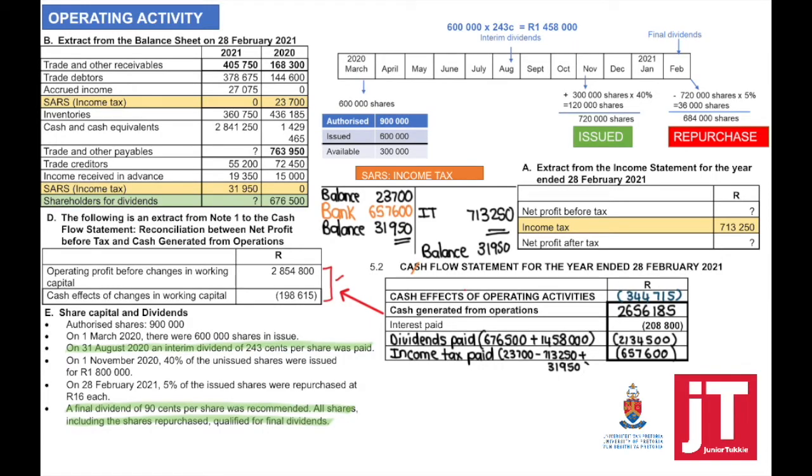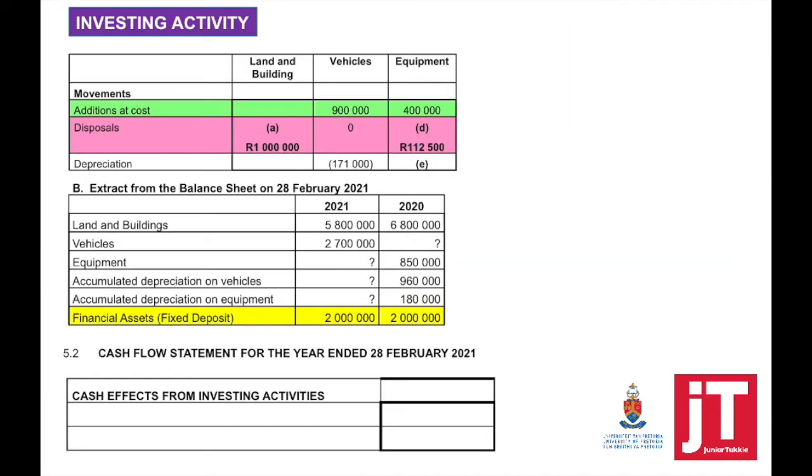Now we can calculate the cash effect from the operating activity. Cash generated from operations minus interest paid minus dividends paid minus income tax paid equals the cash effect from the operating activity. If we look at the investing activity, the tangible asset note, the movement, additions and disposal form part of this investing activity.